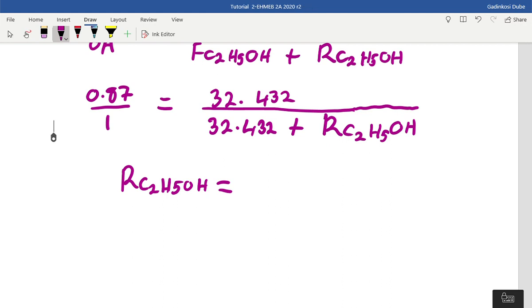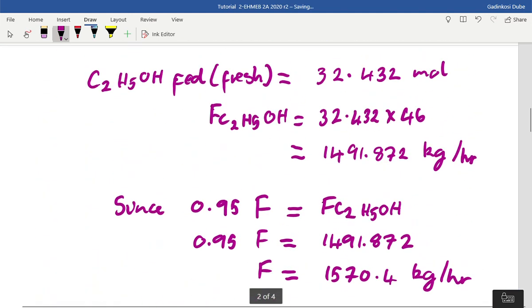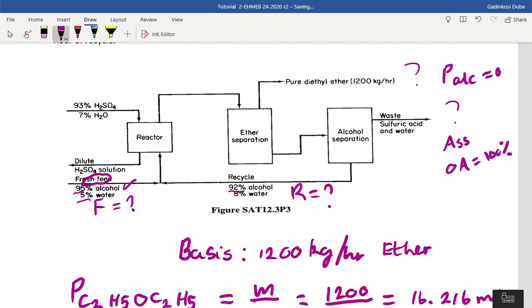Now here you get 4.85 moles. You can easily convert to mass by multiplying with the molecular weight, which is 46, giving 223.1 kilograms per hour. When it's like that, you can easily use the correlation. Look at the recycle stream in the problem statement: the ethanol or alcohol is given as 92%.